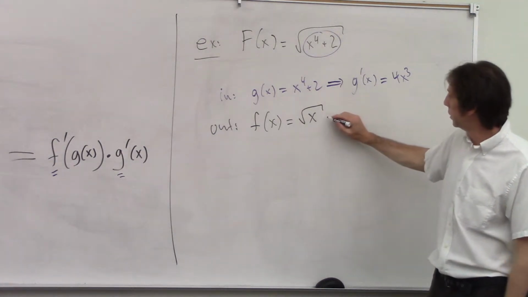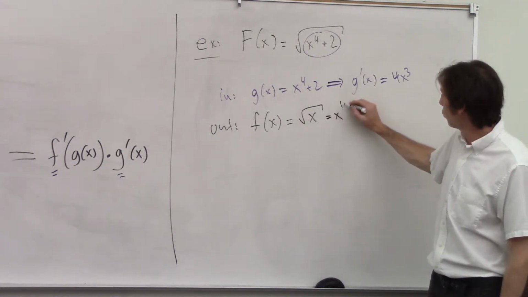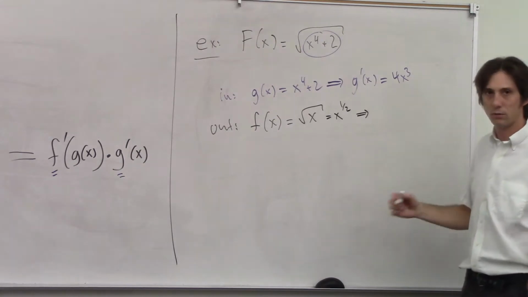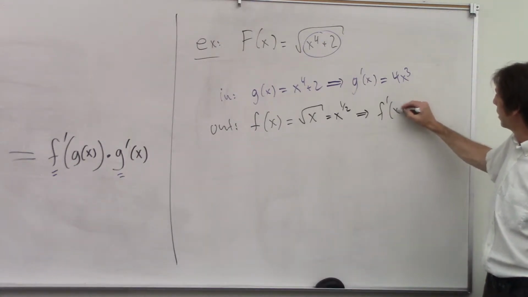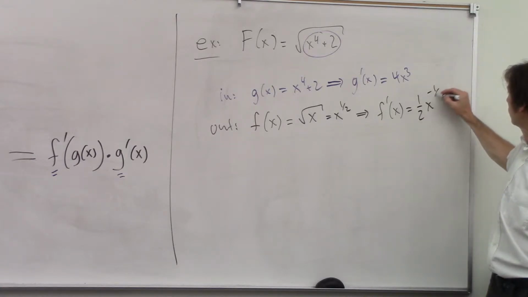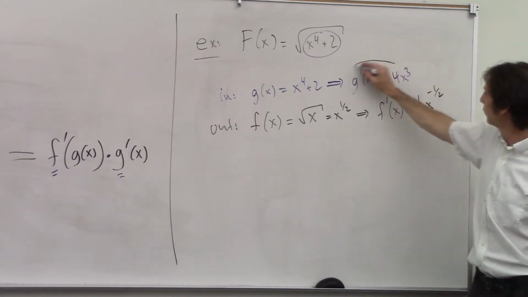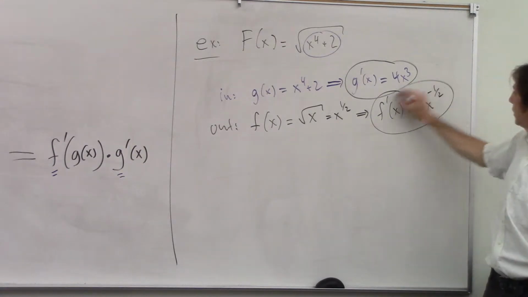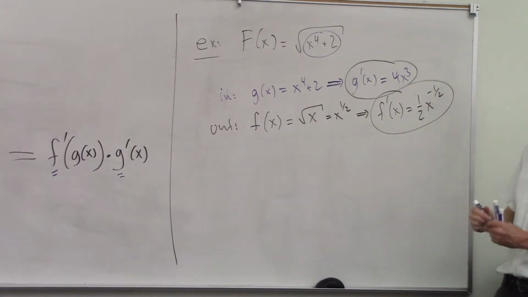Likewise, we know that square root of x is x to the 1/2, and so we can do the power rule to get its derivative. F prime of x is equal to 1/2 x to the minus 1/2. All right, so these are my two derivatives of the inside and outside functions separately.